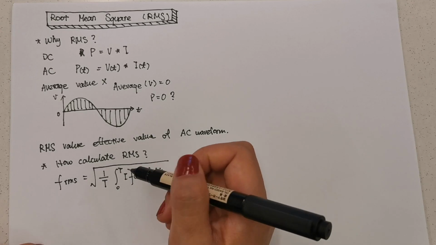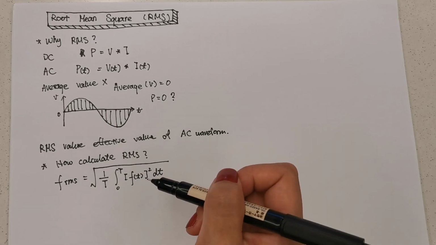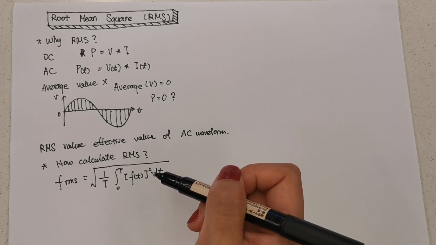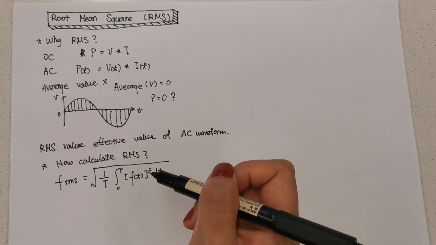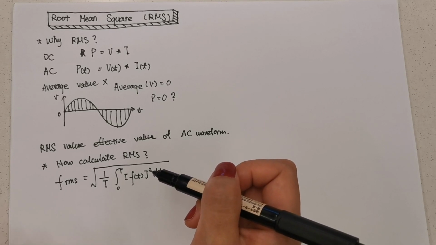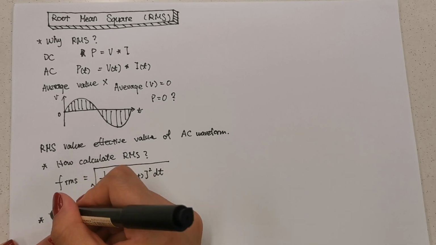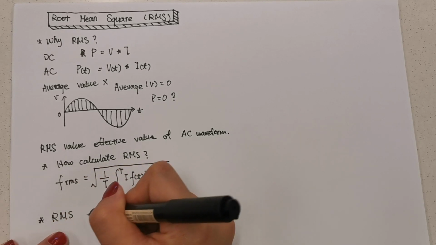Don't be scared of this long equation. Next I'll talk about 3 common waveforms. In 80% of the time in your future study or future work, you'll only use those 3 types of RMS value. So let's talk about RMS of common waveforms.